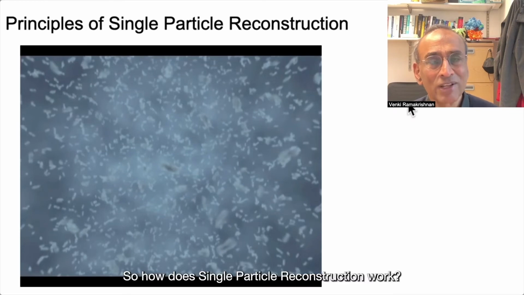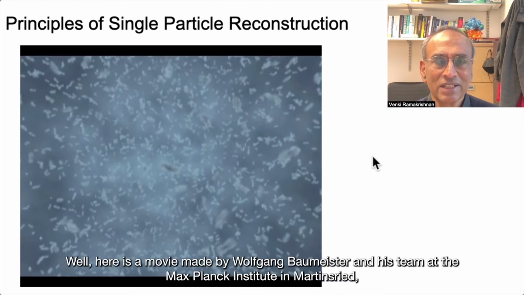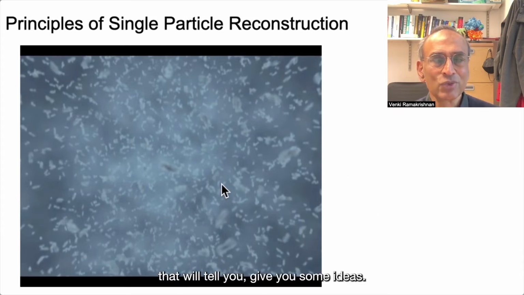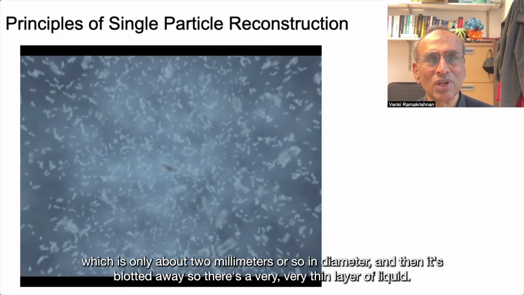So how does single particle reconstruction work? Well, here's a movie made by Wolfgang Baumeister and his team at the Max Planck Institute in Martinsried that will give you some idea. So effectively, the way that this works is a small volume of a sample containing the particles of interest is deposited onto a grid, which is only about 2 millimeters or so in diameter.